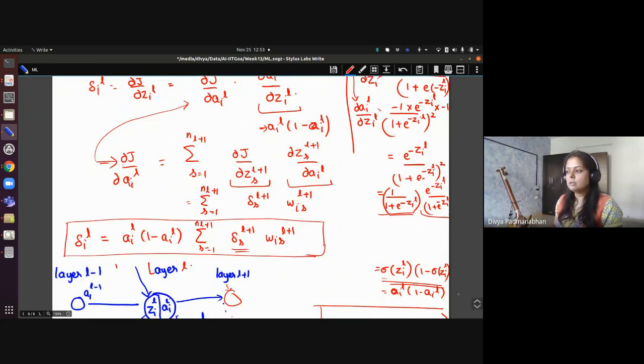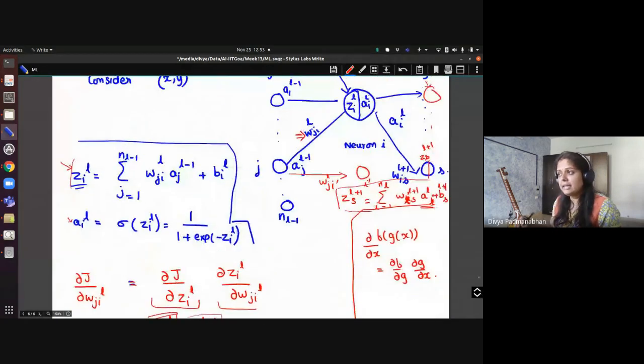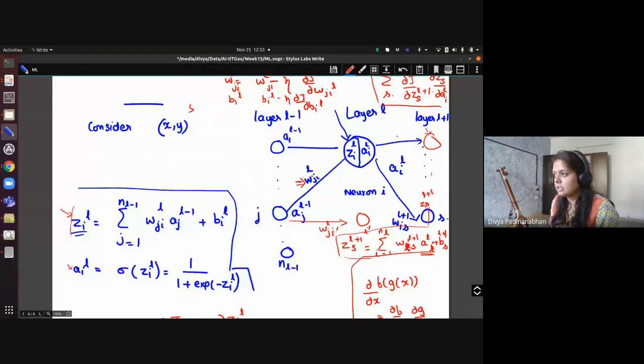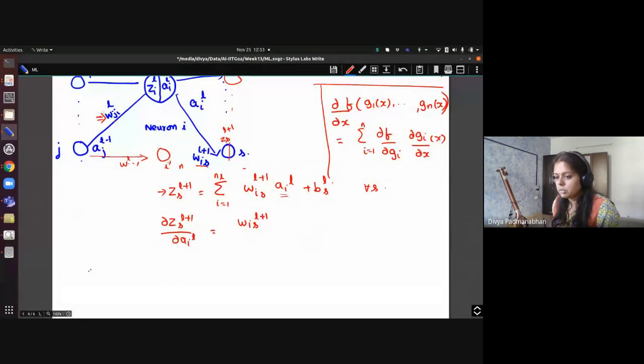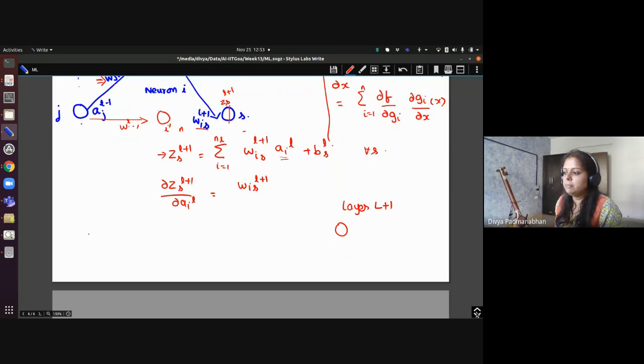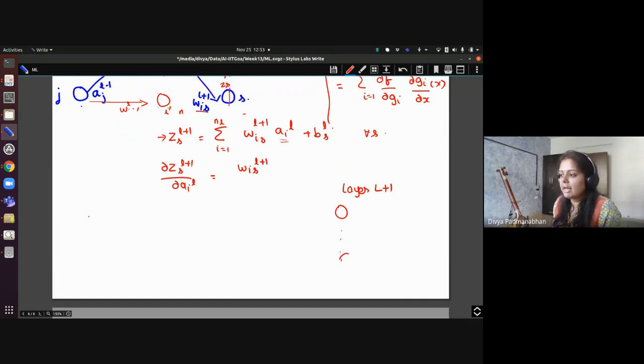And now even the final layer, there is some difference for this last part. Let's just write that. Maybe this layer L plus 1, the very last layer that you have. So here you're going to have A_i^{L+1}. There is no further layer.